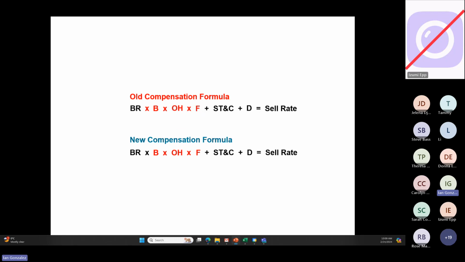There's a new way of doing this, and this totally works in Canada and North America, where the burdens, overheads, and fees, if you negotiate it properly, you can turn them into adders, not multipliers, meaning the burdens, regardless of the base rate, are fixed.